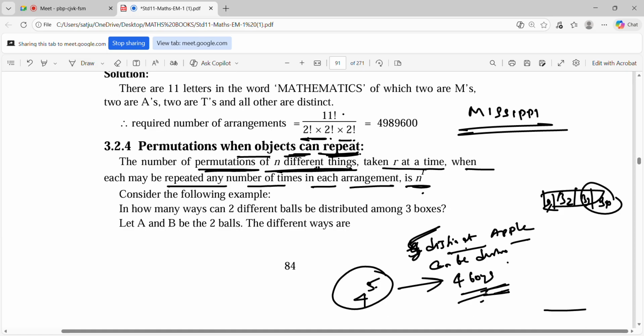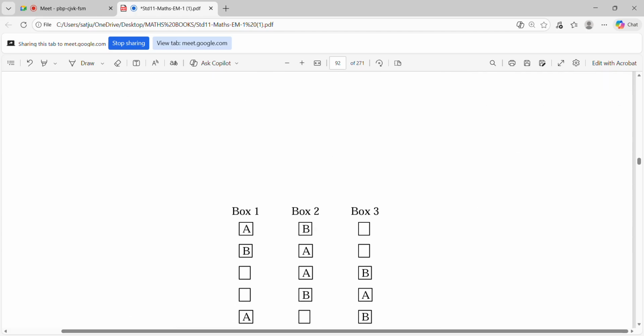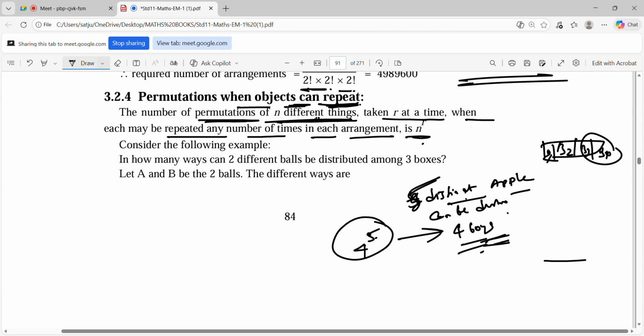But this is the lengthy method, listen carefully. For this question, in how many ways can 2 different balls be distributed among 3 boxes? What do you have to write? n power r. What is n here? 2 different balls, that is the n here.